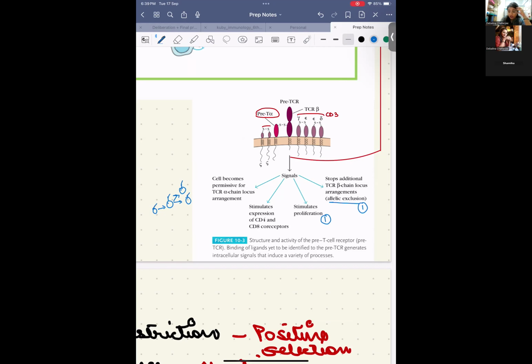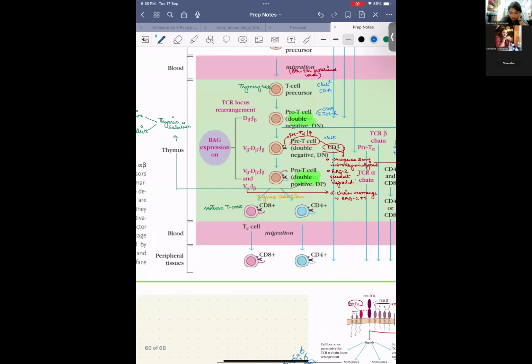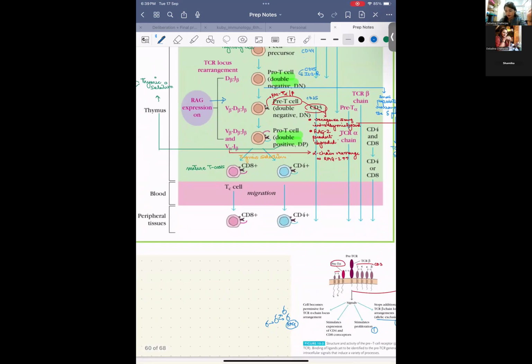Alongside, all of these cells also have RAG expression going on. RAG expression is already in place, but it is only the beta chain that has been undergoing recombination. The alpha chain requires permission to start undergoing recombination. So this signal allows alpha chain recombination to begin.